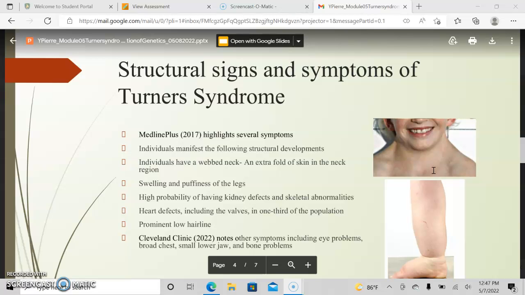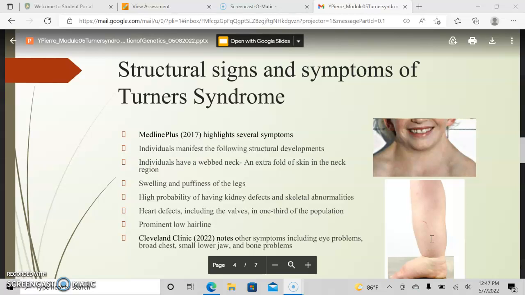Like I said, they have an extra fold of skin in the neck region and swelling and puffiness of the leg. As you can see, in the picture below, you can see how the leg is swollen and puffy. The puffiness of the leg is portrayed in the image.